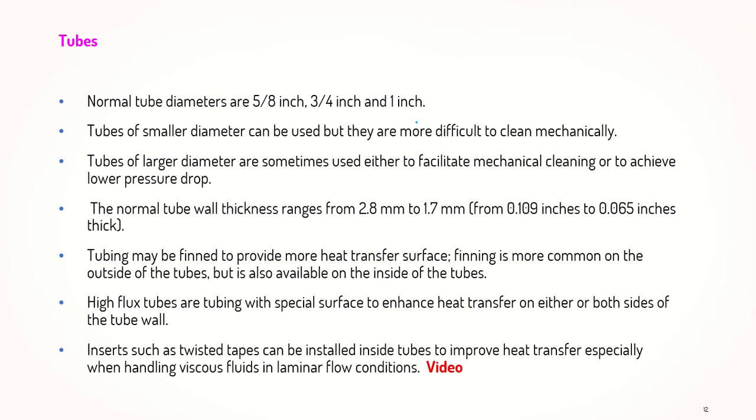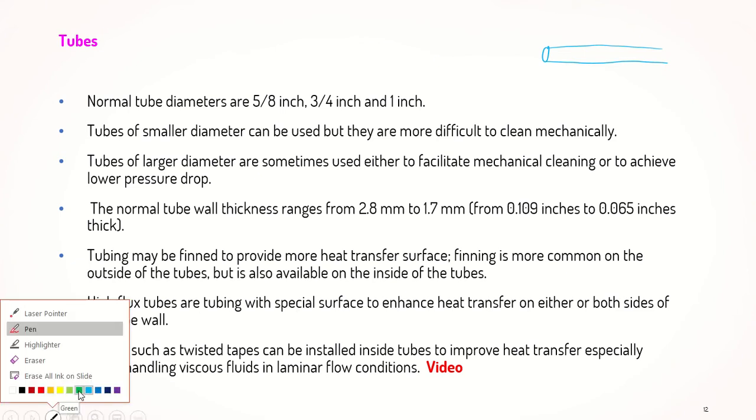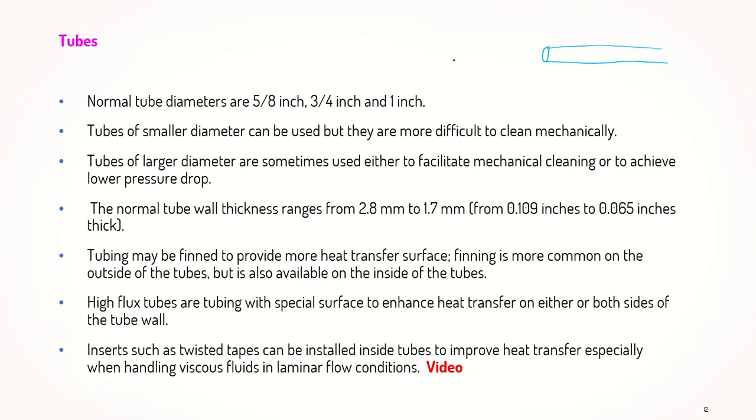So this would be the normal tube diameter for shell and tube. And tubes of smaller diameter can be used, but they are more difficult to clean mechanically. So if, for example, this is a tube, it would be very long. In order for us to clean it, we are going to use a pipe cleaner.